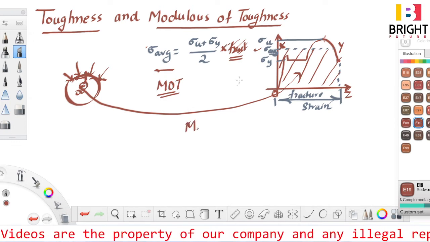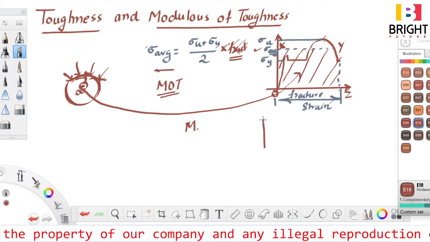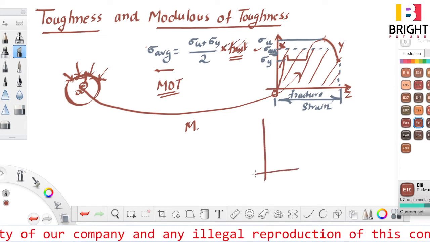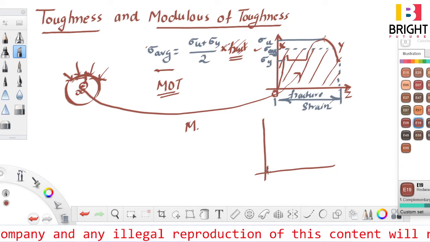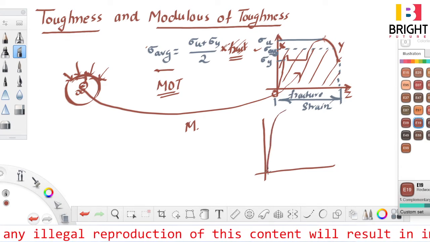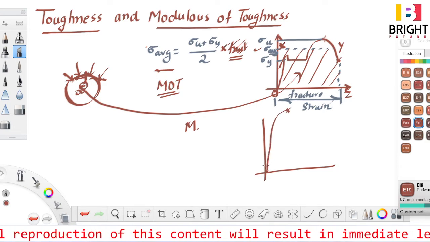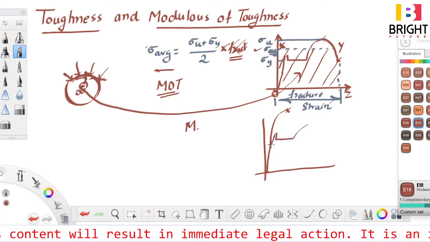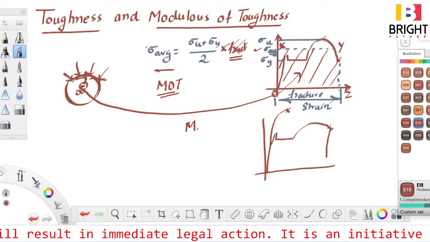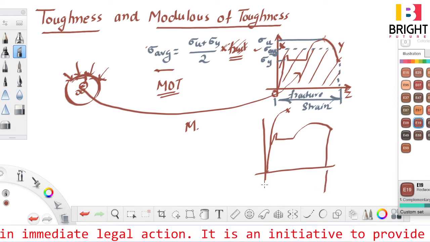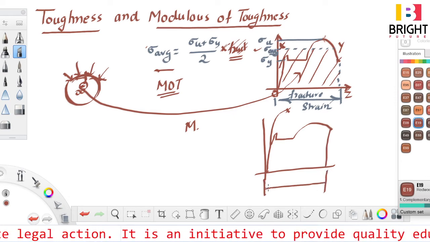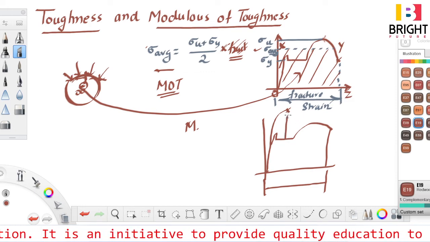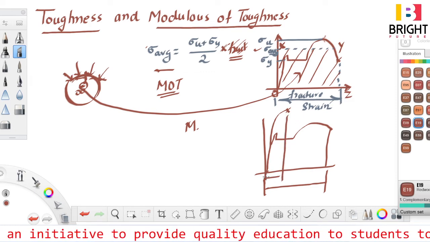If we draw the stress strain diagram of mild steel and high tension steel, you will see that in the case of high tension steel, the material will fail up to this point, but in the case of mild steel, the fracture strain is much larger. This is the fracture strain for mild steel, but for high tension steel, the fracture strain is only this much.